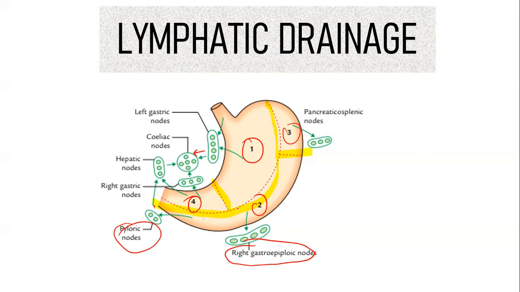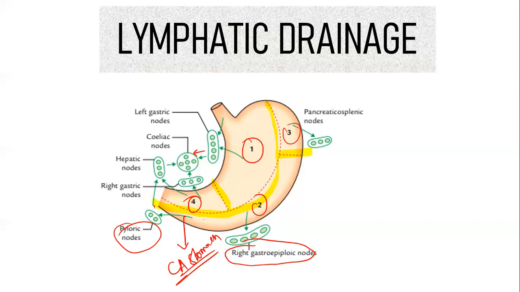As I told in the very beginning, the pylorus is the most irritated region and the most common site of origin of carcinoma stomach. So area 2 along the greater curvature is drained by the right gastroepiploic nodes, and the majority of the lymph from the pylorus region drains into the pyloric nodes.